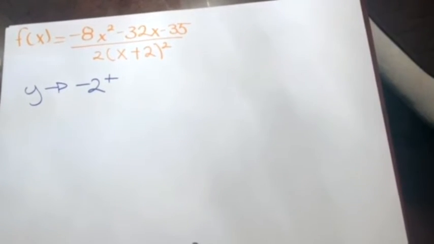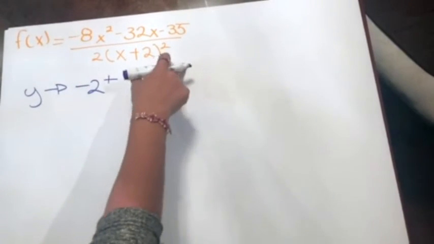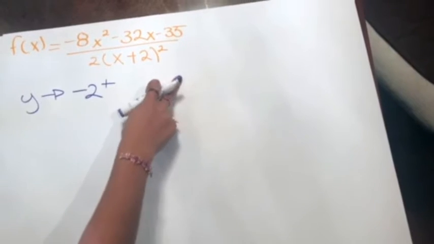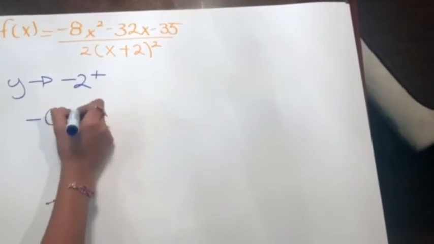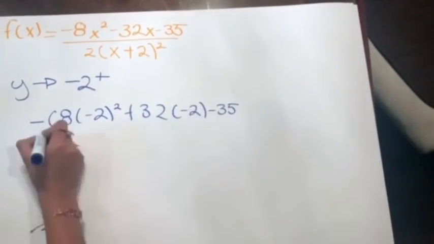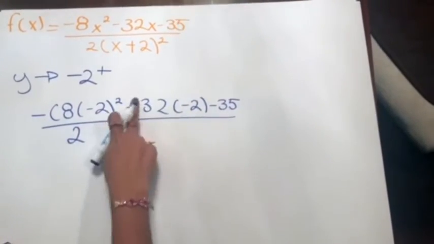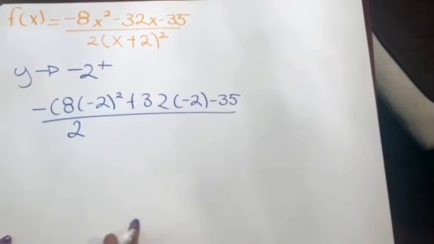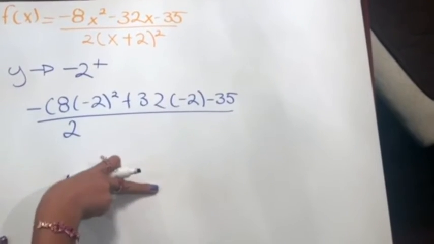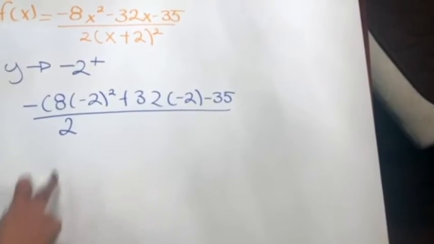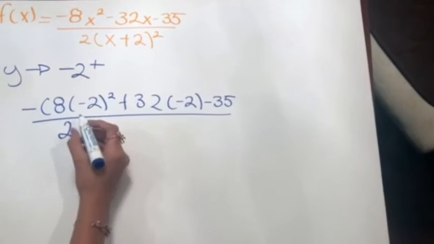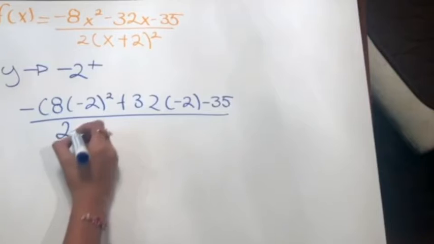And as I already said, we use the factorized form of the denominator, and we're going to substitute the minus 2. Also, in the denominator we get 0, so we're going to use another number that is greater than minus 2. In this case, it would be minus 1.9.